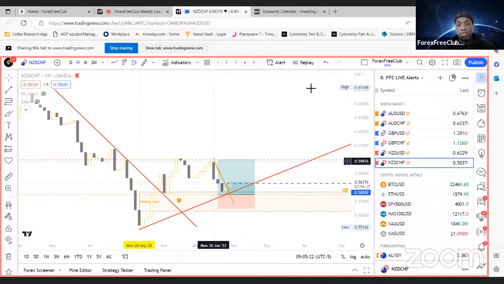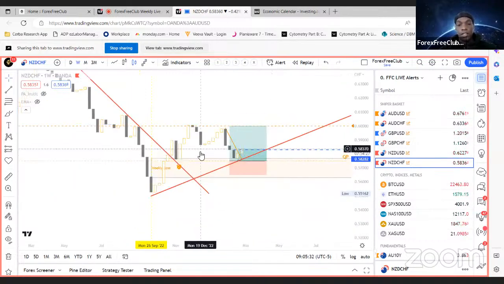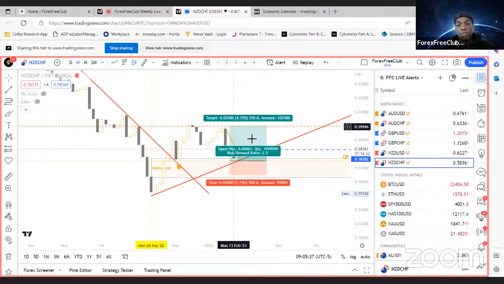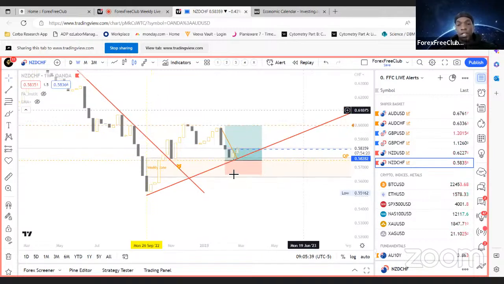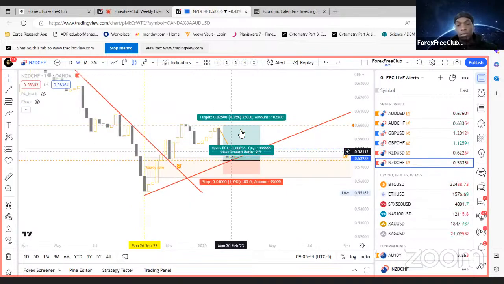Break of the counter trend line, and then we already cleared the highs of, was it 2 weeks ago? So it'll be interesting to see if this trade is going to play out. So we'll watch it. NZD Swiss franc, we didn't really get our entry, but if we're entering today, we're still catching most of the move.